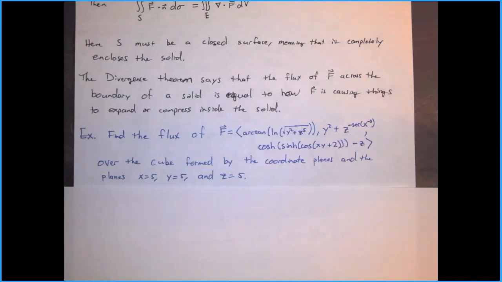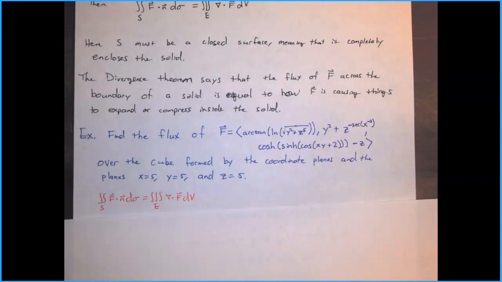All right, well this looks completely horrid. But the divergence theorem says we can either compute this surface integral or we can take the divergence and compute a triple integral. Now, if we computed the surface integral, we would need to actually set up 6 different surface integrals because the cube has 6 sides.